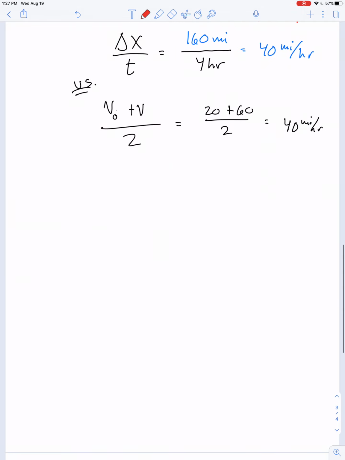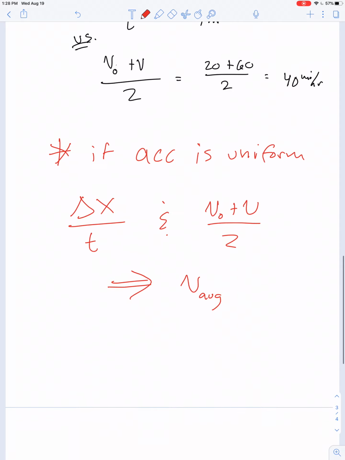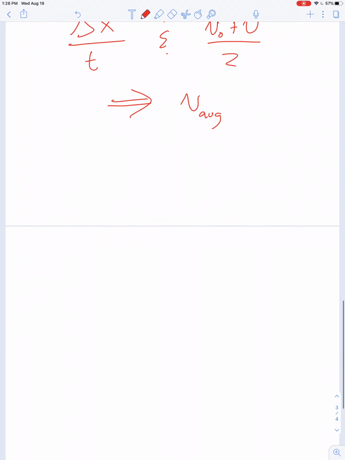So we've got a special situation here. If acceleration is uniform, then delta x over t and v initial plus v final divided by 2 both yield the same result and give us a way of finding an average velocity. So, if that's the case, let's set these two expressions equal to each other.